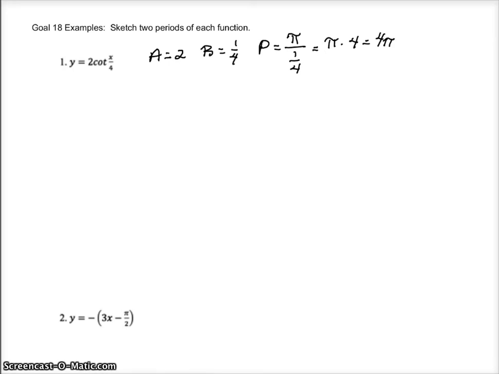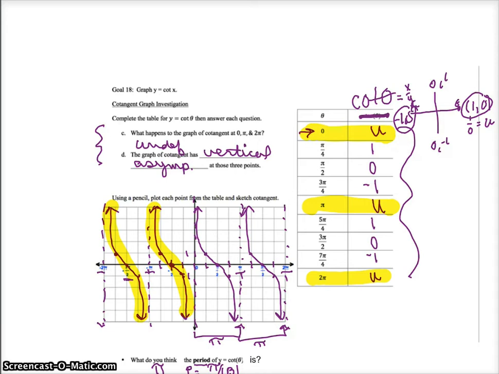Okay, with tangent, remember that our asymptotes were at odd multiples of pi over 2, but with cotangent, our asymptotes are at integer multiples of pi.